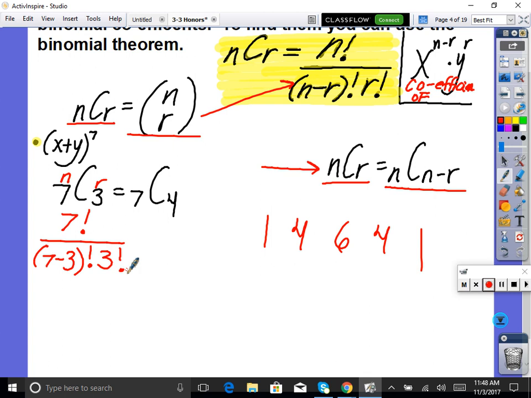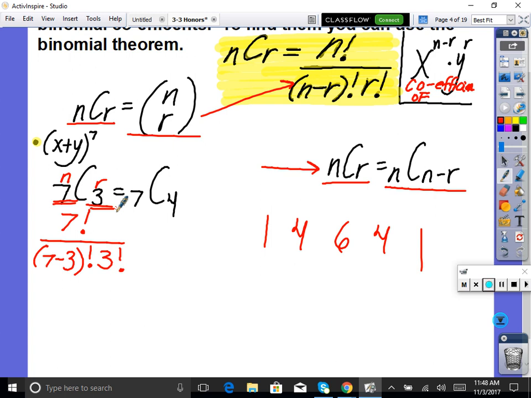Are we good? That's actually quite quick to memorize. Let me show you how to just look at it. You'll always do this factorial divided by this minus this factorial times this factorial. Do you see how my brain is memorizing it as we go? Okay, so let's simplify what this really means.